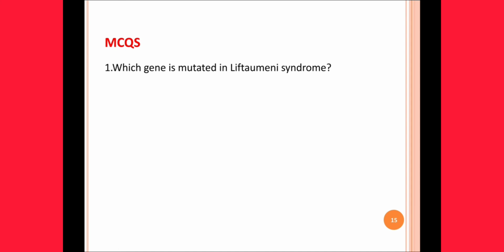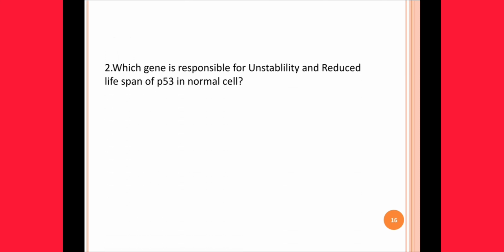Now we will see some of the one-liner MCQs. Usually the case type of MCQ is not asked from the P53 topic. So which gene is mutated in Li-Fraumeni syndrome? Obviously your answer will be P53. Okay. Second MCQ, which gene is responsible for instability and reduced lifespan of P53 in the normal cell?